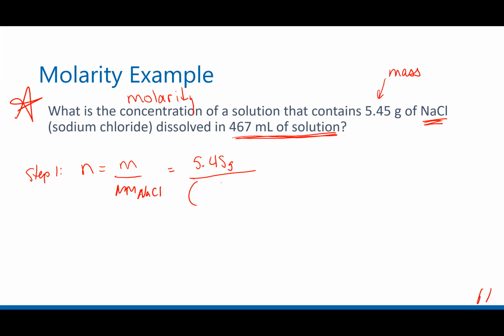Now, for my molar mass, I need to do a little bit of work. This is where some of the little intricate steps come into play. Again, I mentioned that this is basically a 2-step problem, but there are little minor corrections we need to make as we go through this.